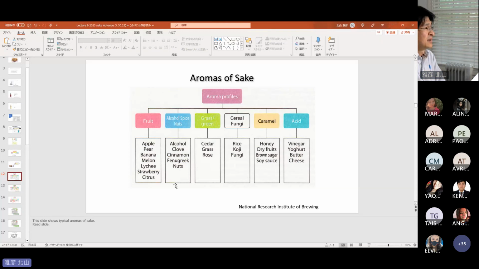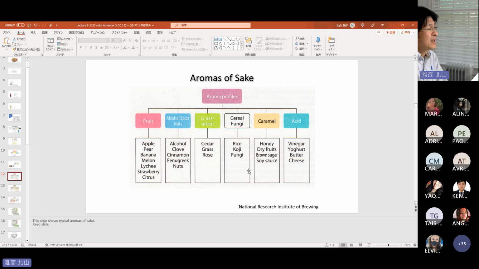Sake also has grass and green profiles: cedar, grass, rose. So these three are major impressions we can feel from ginjo style of sake.